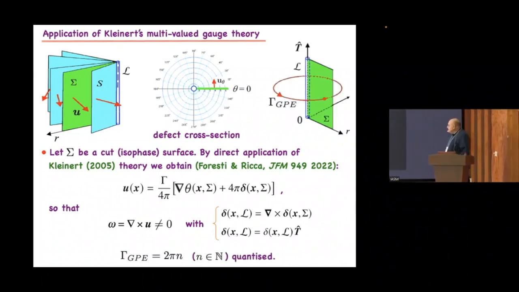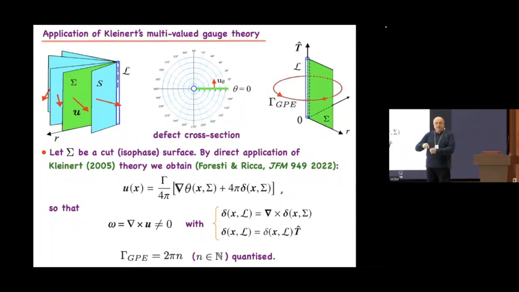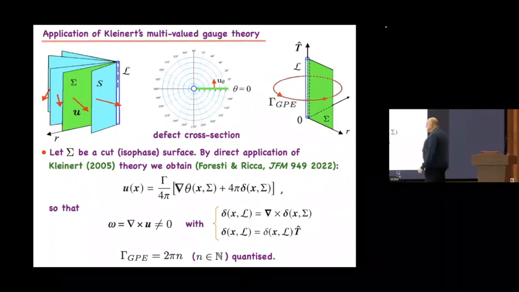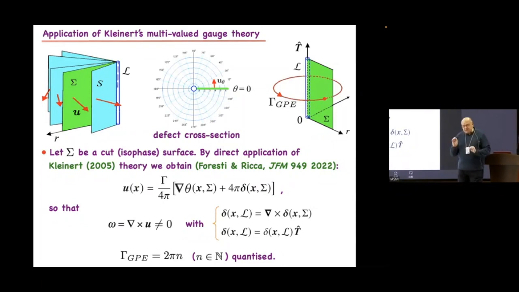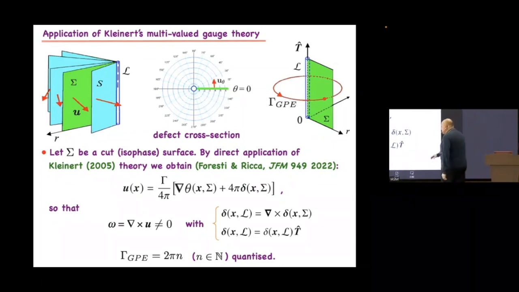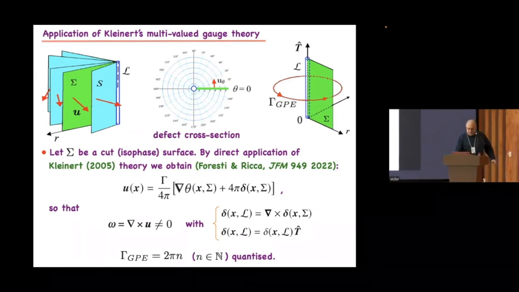And then by noticing that the phase theta goes as many times as you like around the nodal line, evidently you have the circulation 2 pi n. This is a little bit more than what is available in books. I'm going to prove this aspect, and I'm going to prove other things.